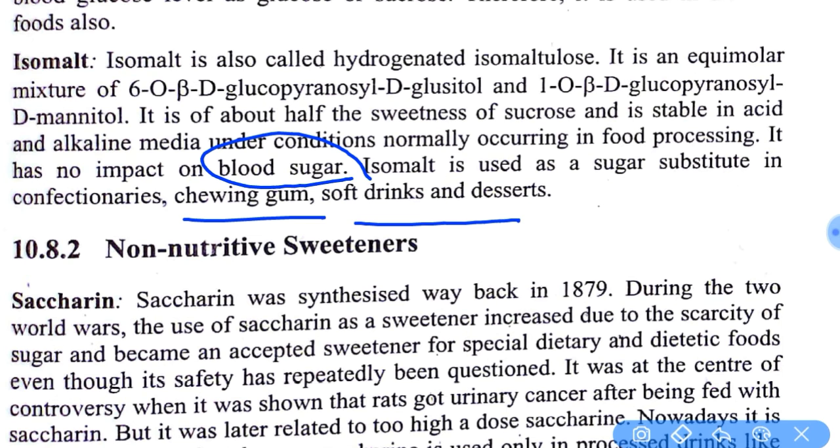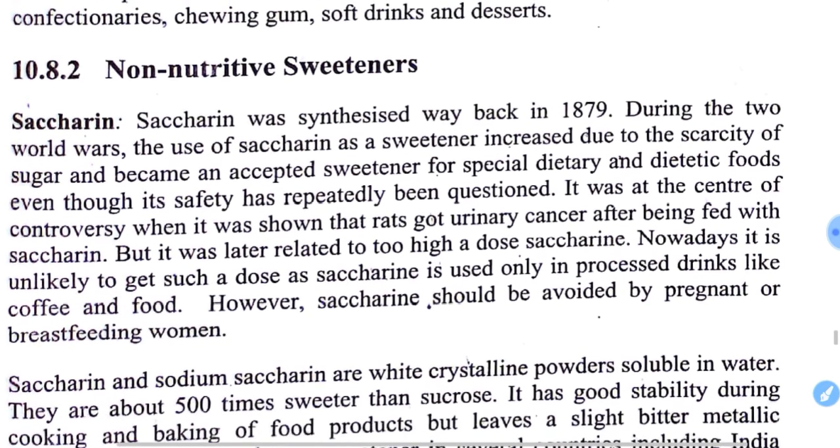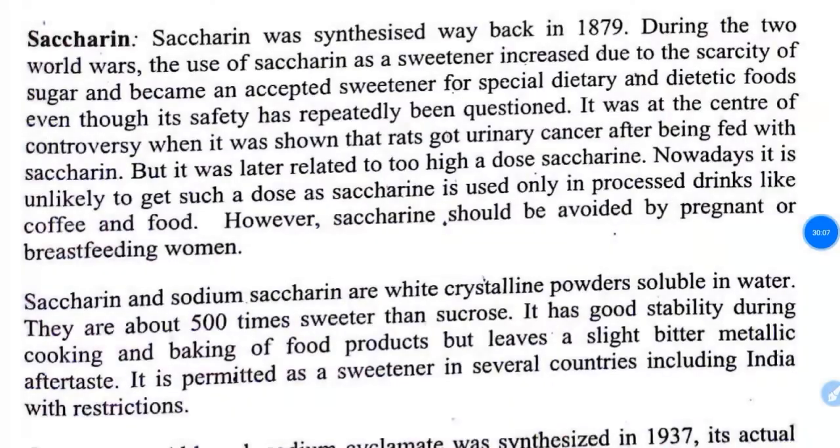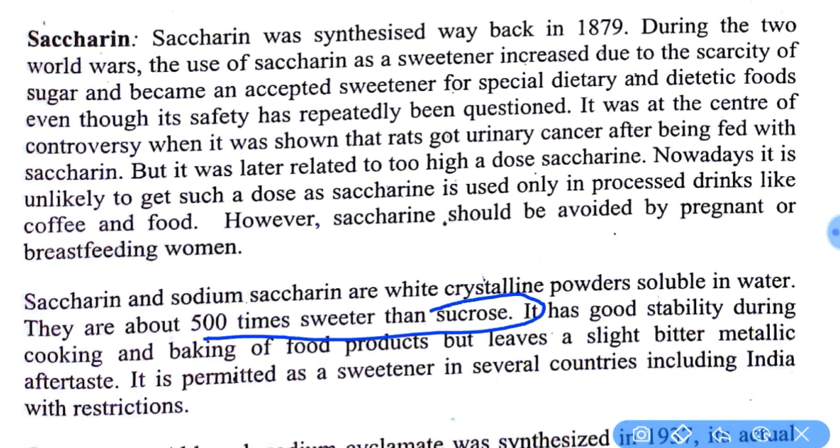Okay, then non-nutritive sweeteners like saccharin. It is 500 times sweeter than sucrose. It has good stability in cooking and food baking. That's why it is used, but it has one problem.